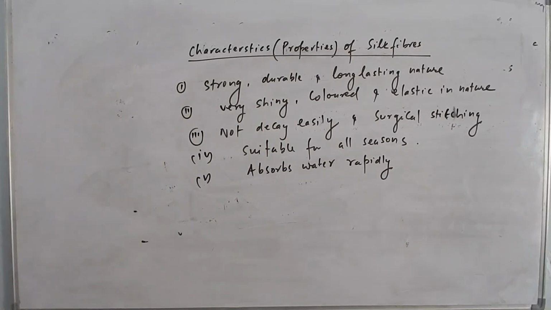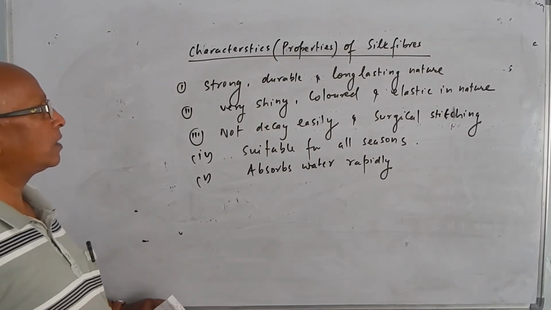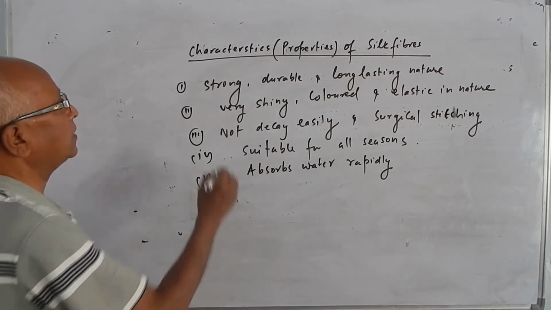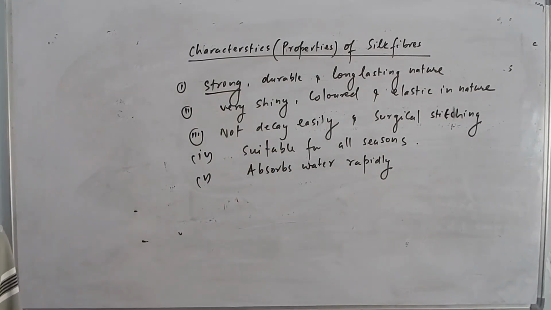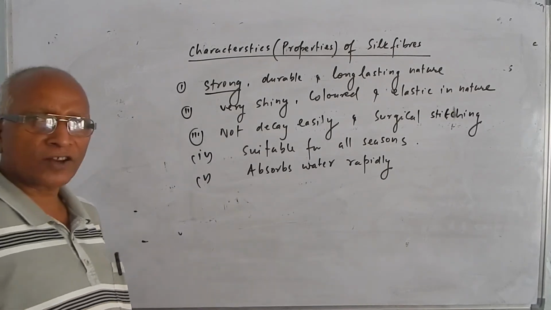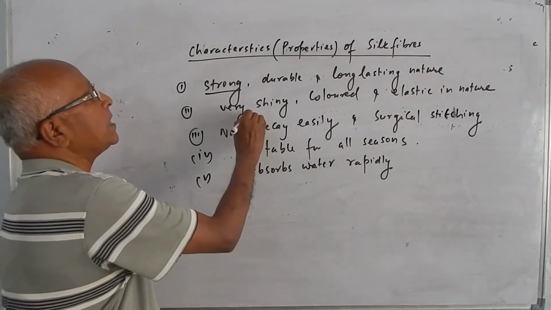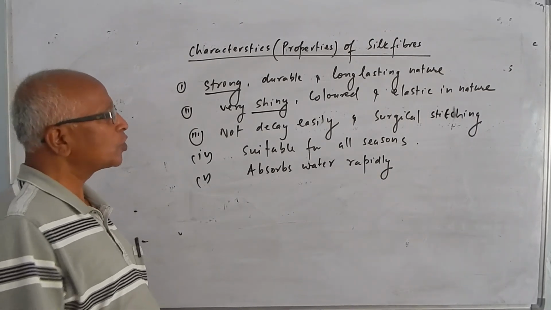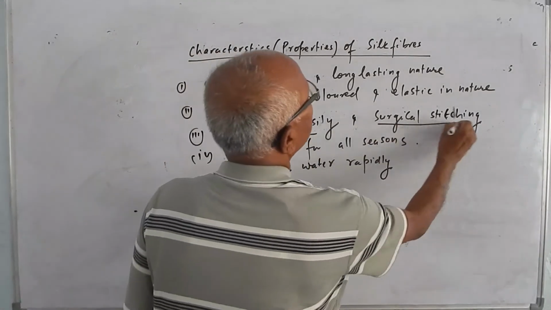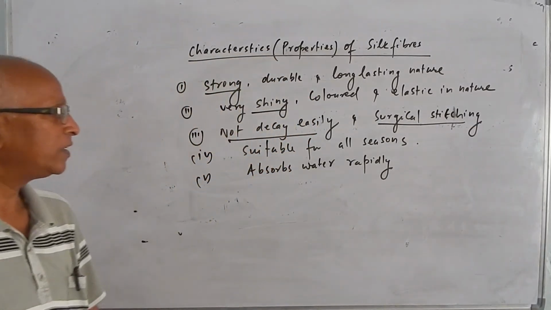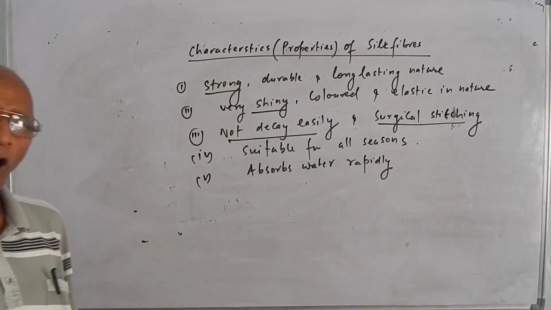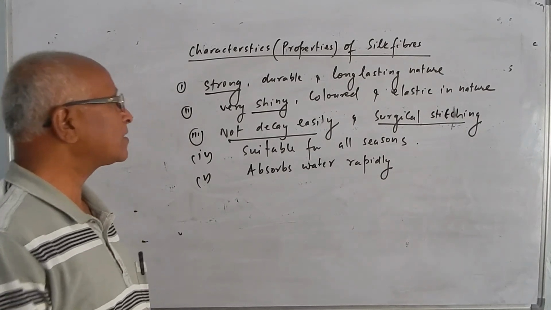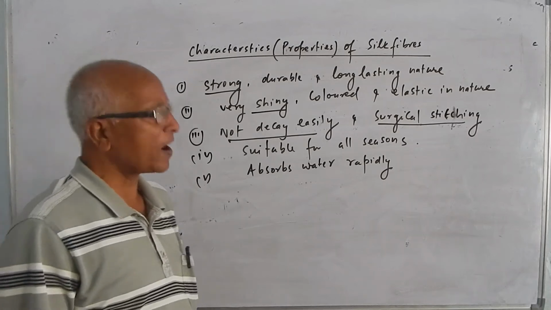So silk fibers, it has the own importance and its property is the silk fiber is the very strong, so durable and also the long lasting in natures. Another, it is the shine, colorful and elastic in natures, not decay easily, so helps to the surgical stitching, and also we have used it in the all seasons, absorbs water rapidly, so it is the most important fibers.